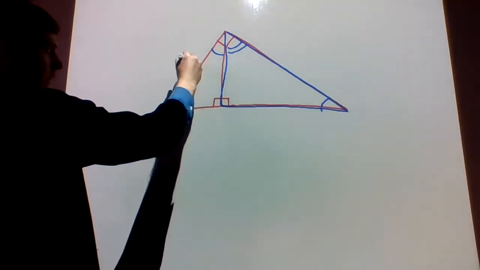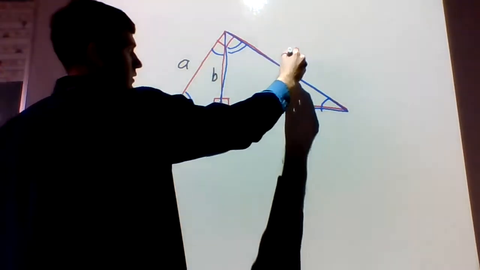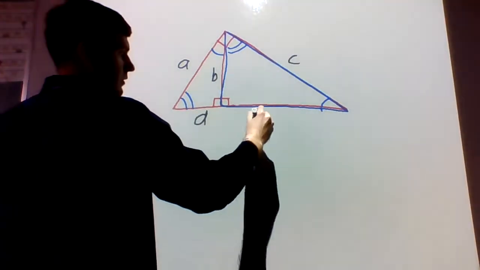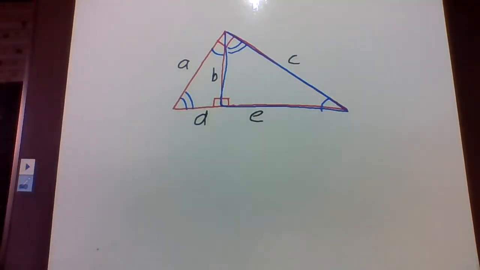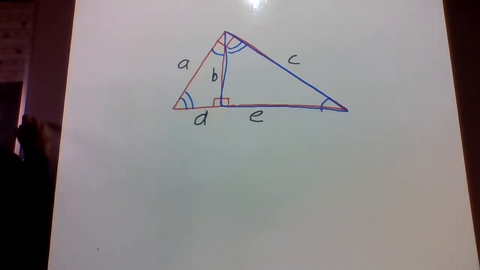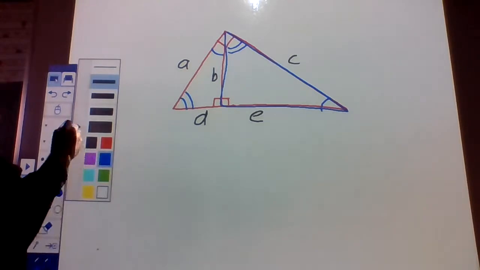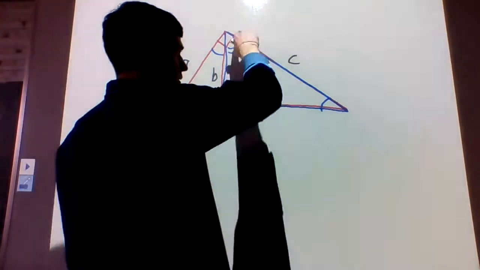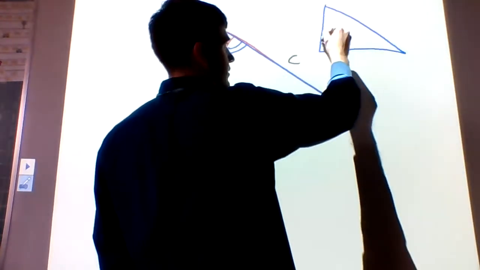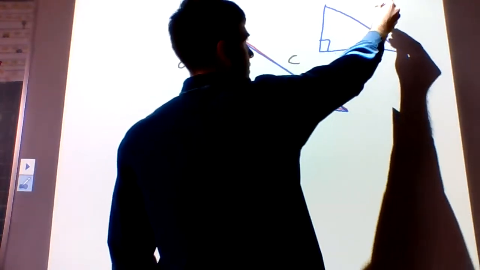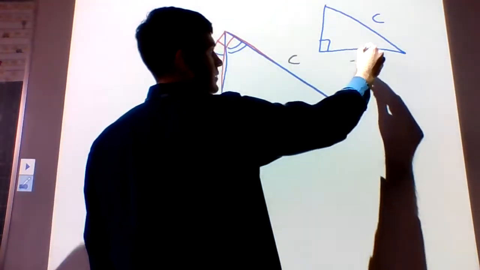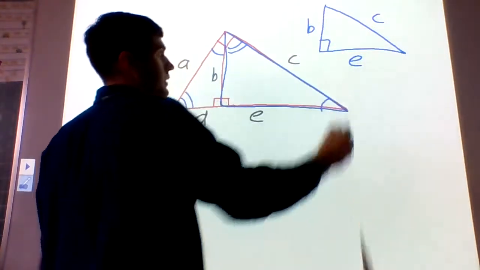So let's call this A, let's call this B, and call this C, call this D, and E. Now let's draw our 3 triangles out. We're going to rotate them, flip them, so they're all in the same orientation. So I'm drawing the blue one first. We're going to leave that one the same and keep it as our standard. Hypotenuse is C, base is E, height is B.